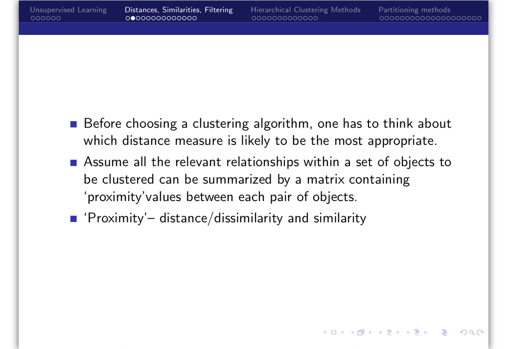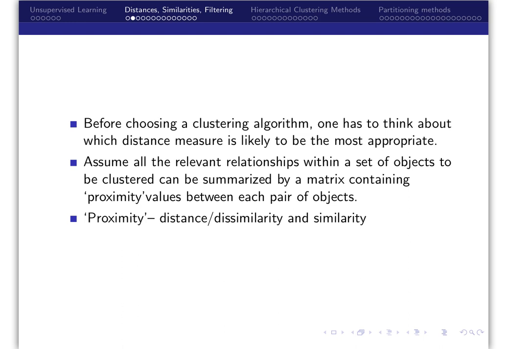Rather, these expression values are converted to distance, dissimilarity, or similarity measures, and the clustering algorithm is applied to them. It is important to determine what distance measure is the most appropriate for the data at hand before choosing a clustering algorithm. This is due, in part, because some clustering algorithms will only work for certain distance measures.